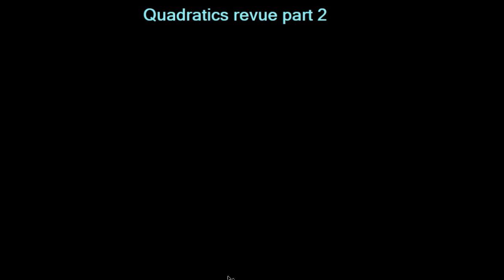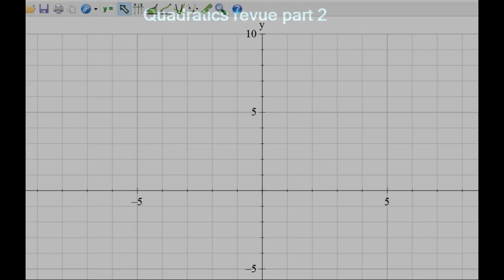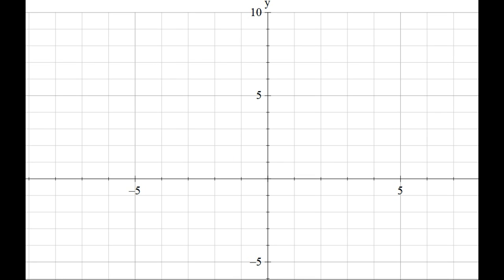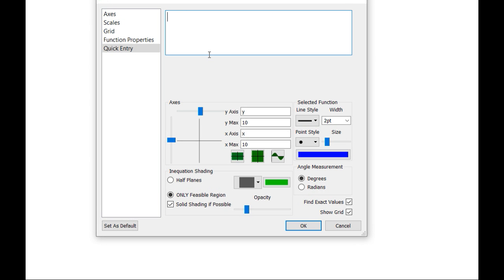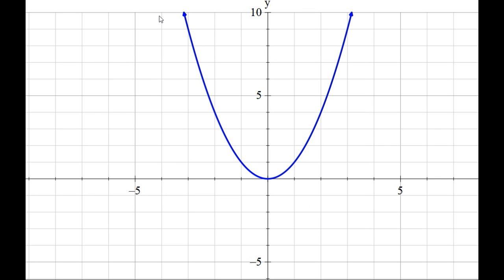We're going to continue looking at quadratics, as is obvious by the title, but previously, just a quick refresher, we looked at y is equal to x squared, which gave me this shape here.